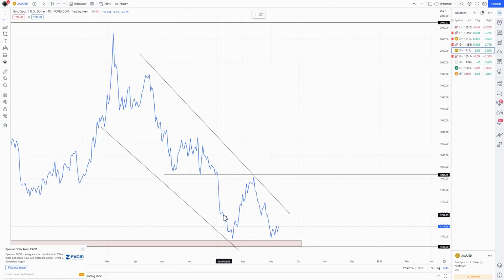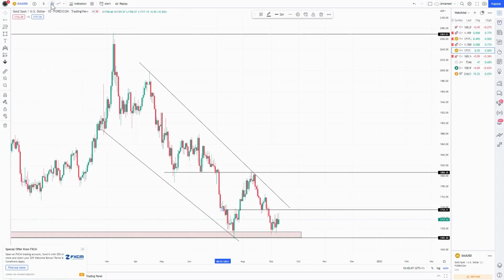Okay, there's another structure here. Can you see this bearish pressure here and this little bullish pressure there? So we can just mark that out. So let's go to the 4-hour time frame.